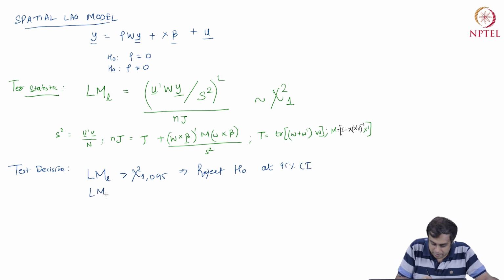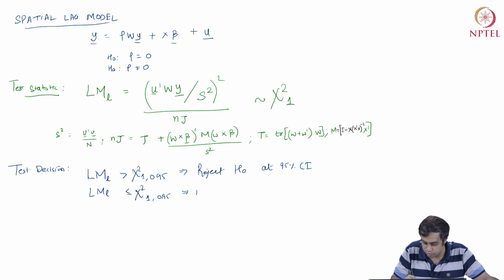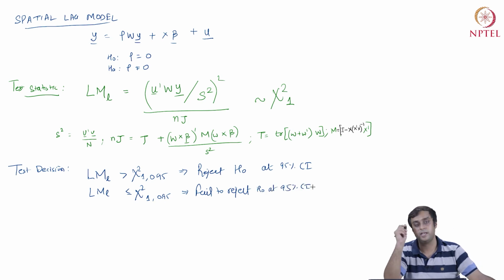Okay, and if LML is less than or equal to a chi squared 1 at 0.95, which again will be sourced from the table, we will fail to reject the null at a high confidence of 95%.